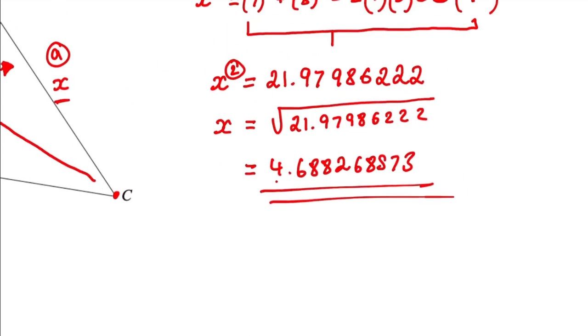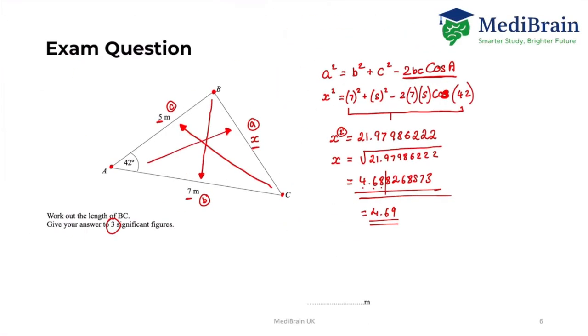Okay, so we've got 1, 2, 3. Cut it off over here, 8 rounds up, so we're going to get an answer of 4.69. So your answer to this question is 4.69.